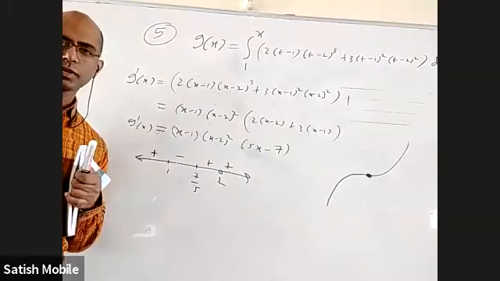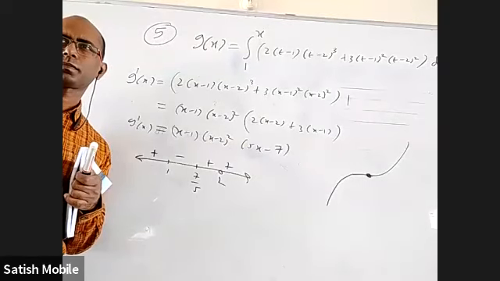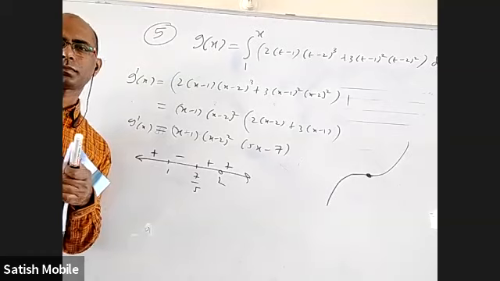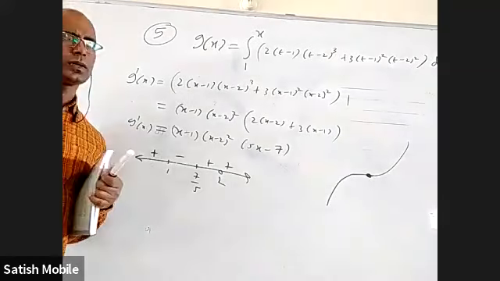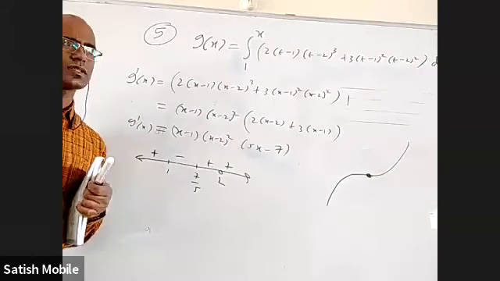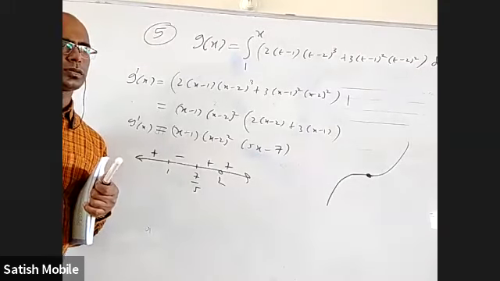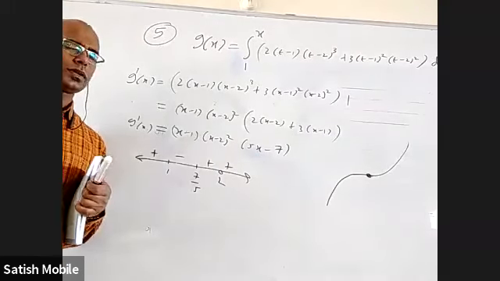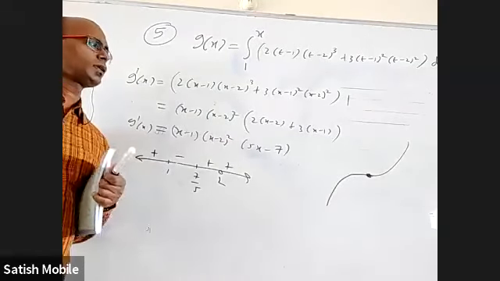Somebody is saying turning point. Anything else? I don't know the turning point definition. Wherever the derivative sign changes is called a turning point, maybe. I don't remember exactly. There is also critical point and all that.